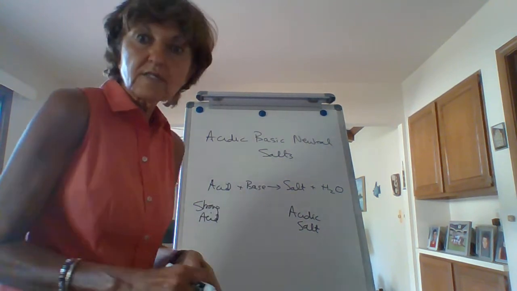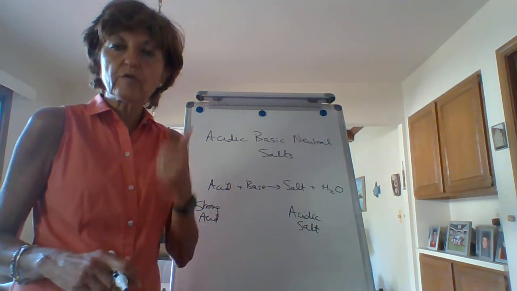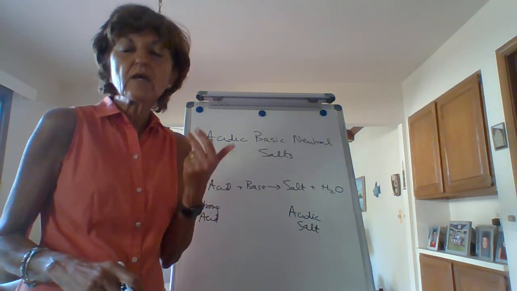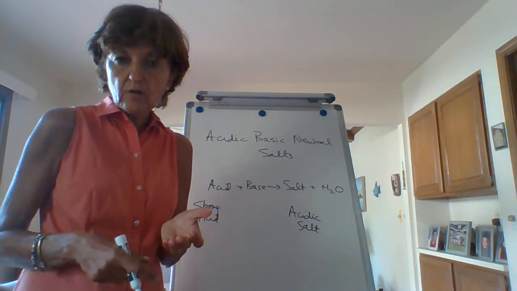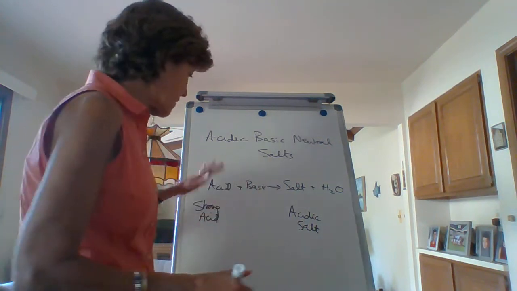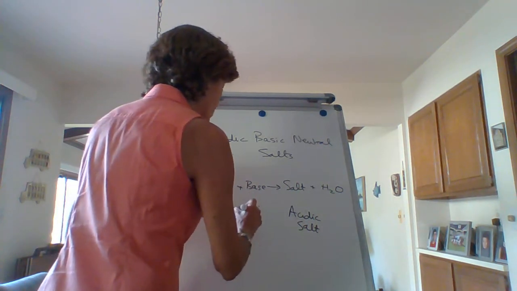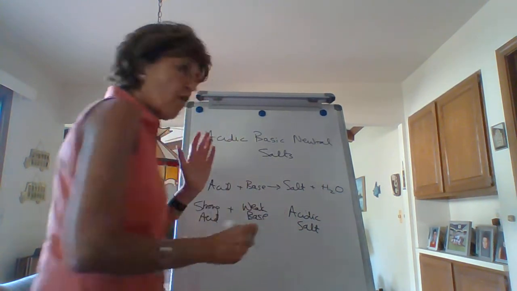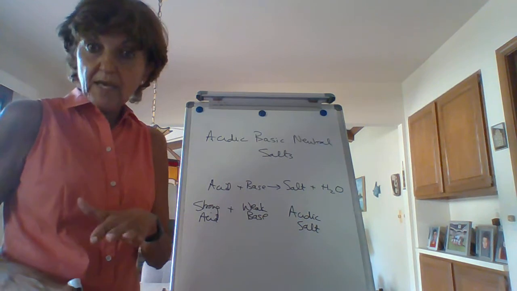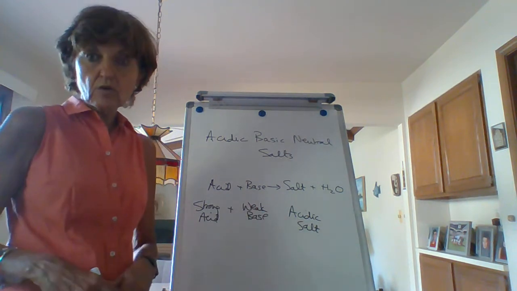Remember one of those 7 strong acids, hydrochloric, hydrobromic, hydroiodic, sulfuric, nitric, perchloric, and chloric. Those strong acids and a weak base. So your strong acid with a weak base, you're going to get an acidic salt.